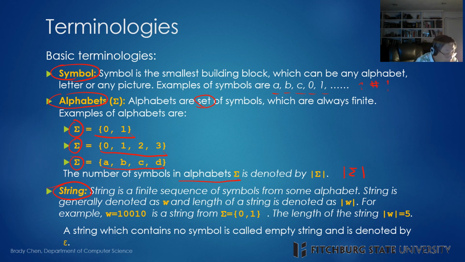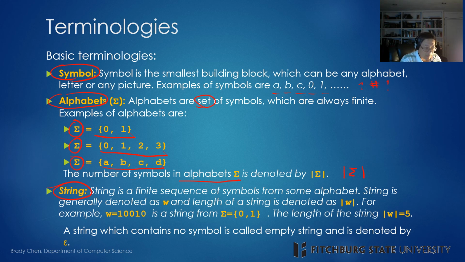Now, a string is a finite sequence of symbols. Once you define the symbol and the alphabet, which is a set of symbols, we can use the symbols in the set to create a string.